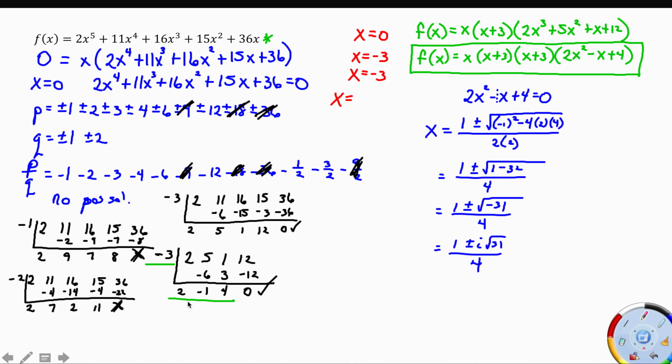I would not be able to find my other two zeros from synthetic division. Once we get down to a quadratic, we need to shift gears. And here are my 5 zeros that I knew this function should have.